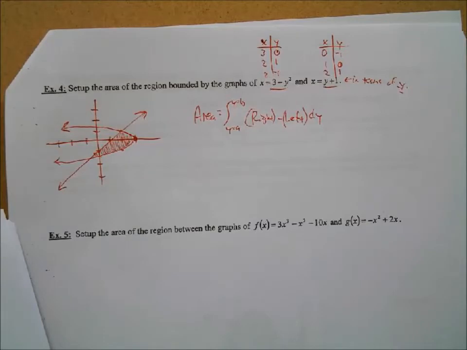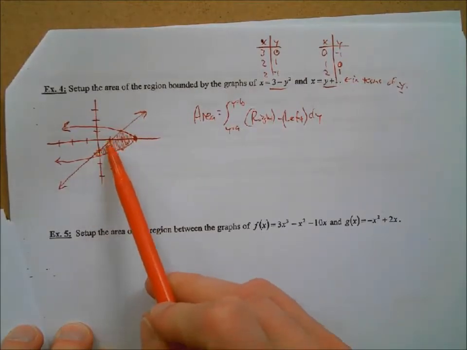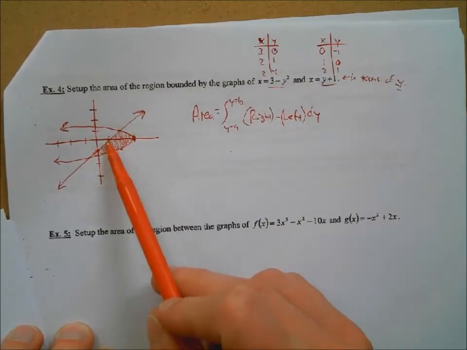You can see some of the complexity if we were trying to integrate this with respect to x, which we could do. What's going to be true about our top curve? It's not always the same top curve, right? We're going to talk about what happens there in just a little bit. For this region, the top curve is the linear function x equals y plus 1 for this portion of the region.